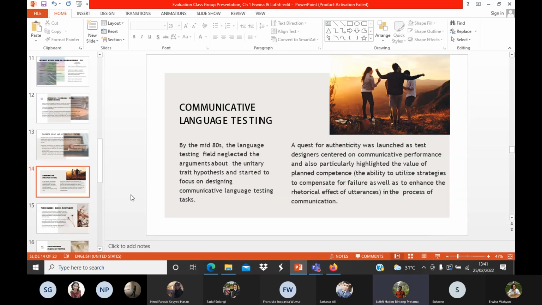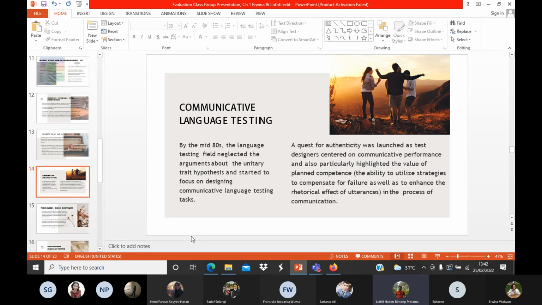Okay, the communicative language testing. By the middle of the 80s, the language testing field neglected the arguments about the unitary traits hypothesis and started to focus on designing communicative language tests.